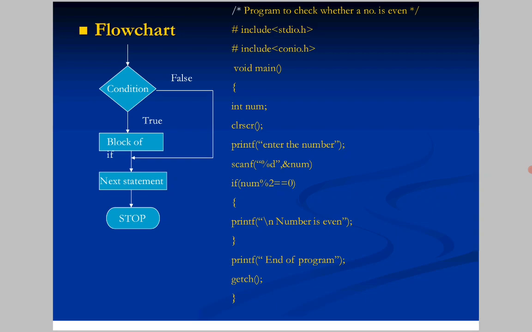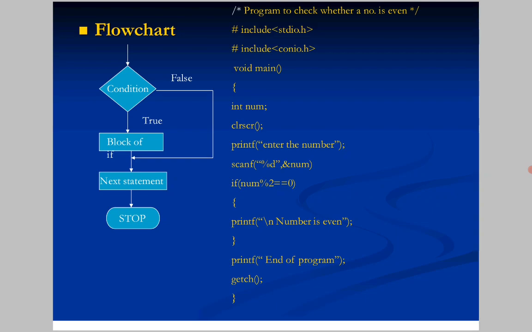Starting from the first statement: hash include stdio.h, hash include conio.h, void main, open bracket, int num, clrscr, next printf enter the number, scanf %d, comma, ampersand num, if num % 2 == 0, then it is an even number, else it is an odd number. So this is the sample program, the syntax of writing a C program.